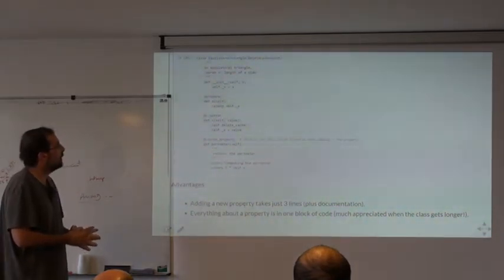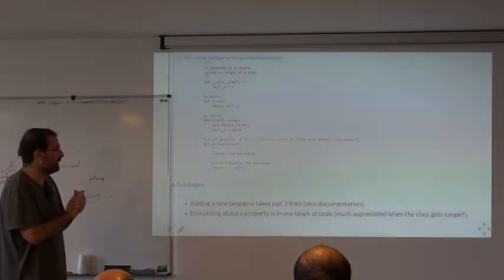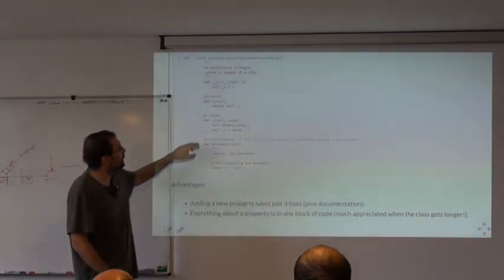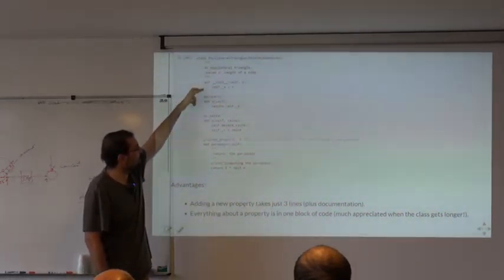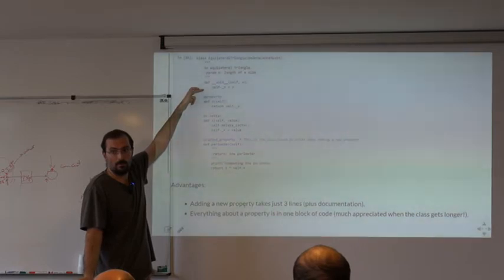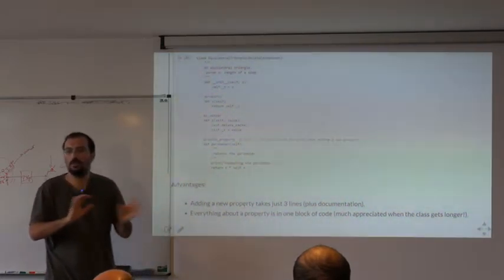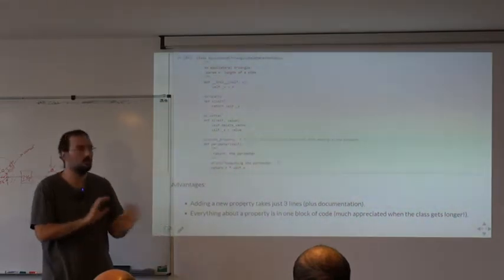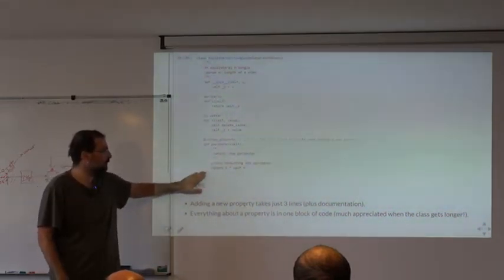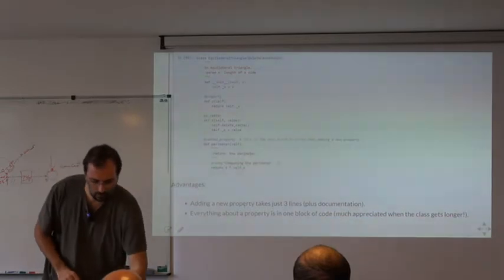So what you don't need to do now is declare a variable called _perimeter, for example. And here you don't need to distinguish whether this is already computed or not. You just return the result and don't care about what happens.